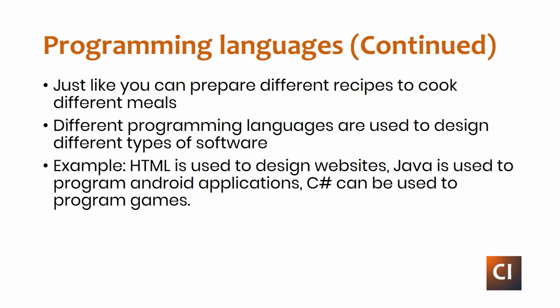You cannot use tomatoes to prepare porridge, for example. So every language has its use. HTML is used to design websites, except in instances where somebody develops something that can convert HTML into something that can be used as a desktop application, which is very different. Java is used to program Android applications. C# can be used to program games.